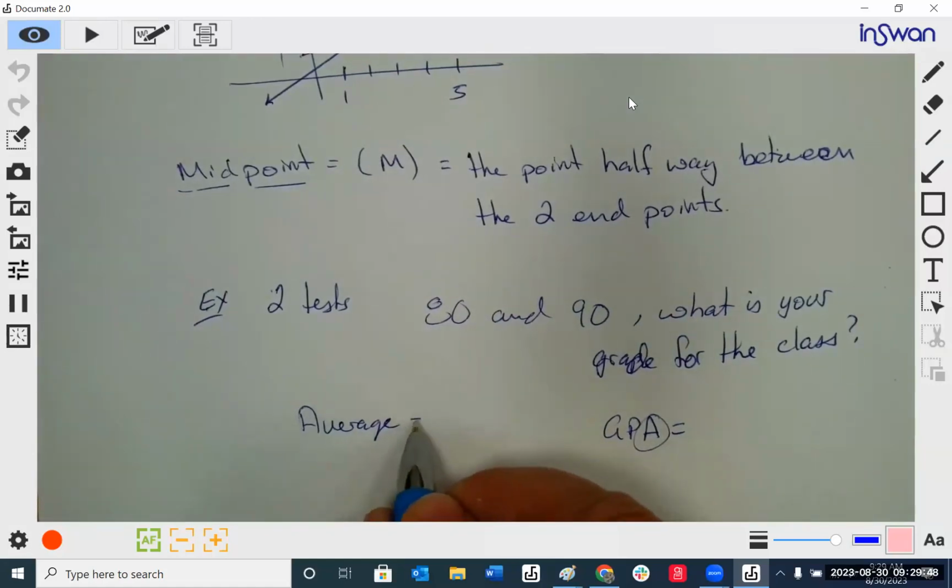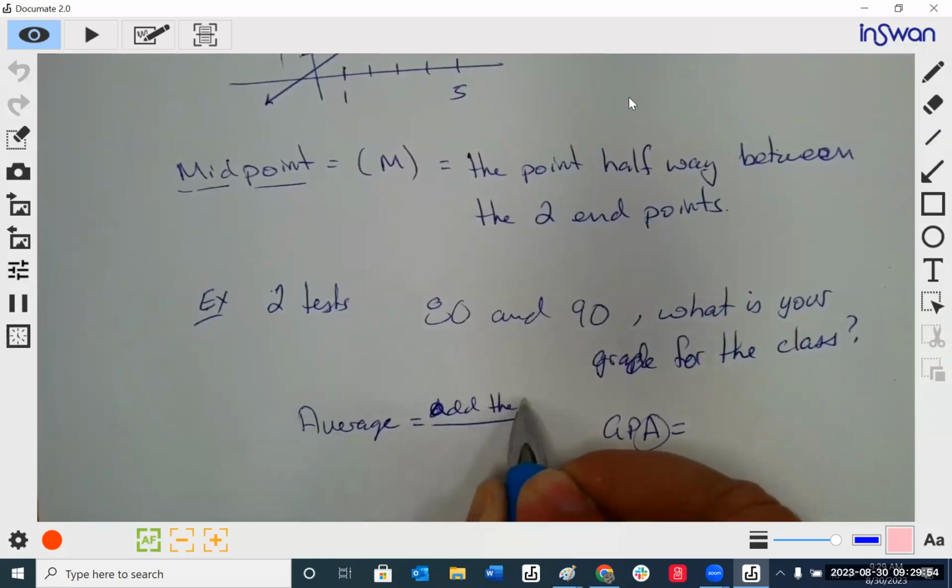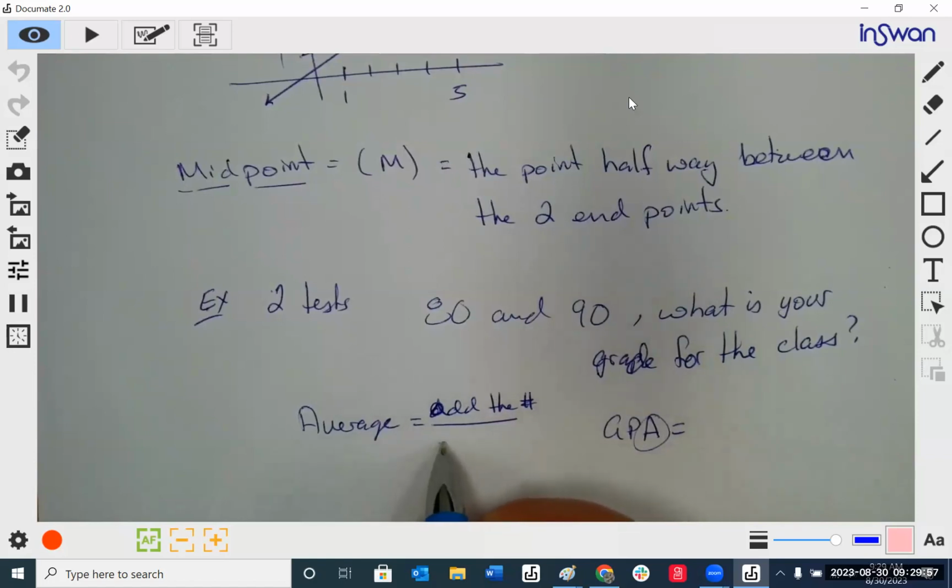So it's an average. Add the numbers and divide by the number of grades. In this case, it's only 2.